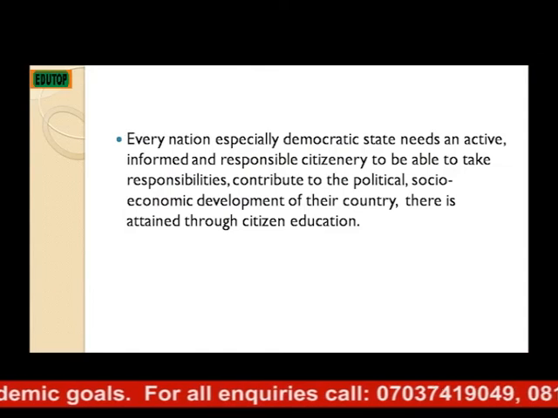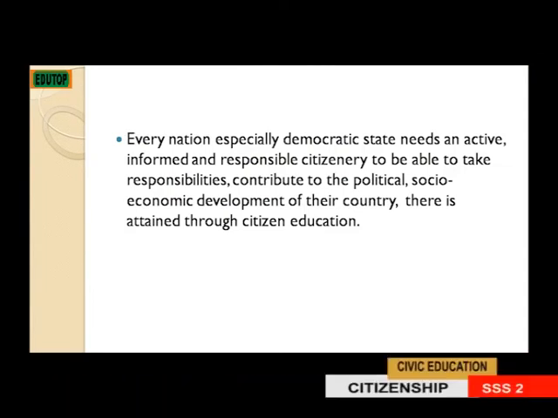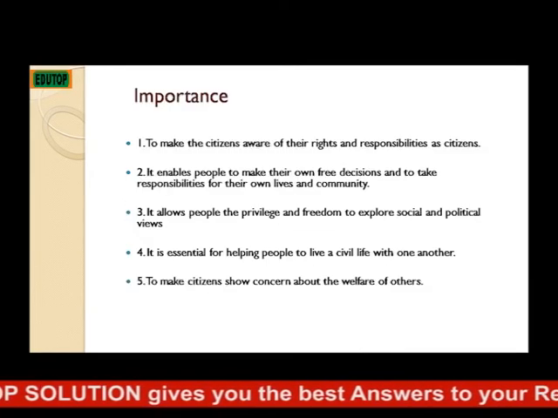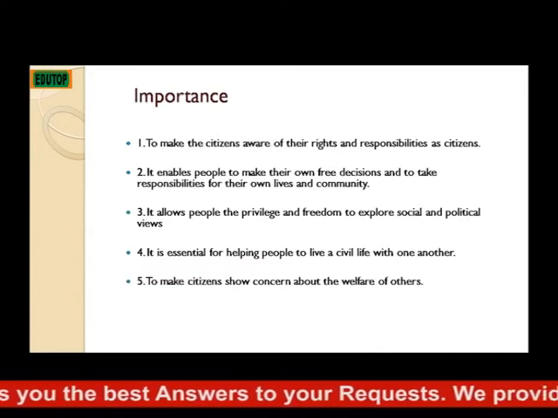Every nation, especially democratic states, needs an active, informed and responsible citizenry, to be able to take responsibilities and contribute to the political and socio-economic development of their country. This is attained through citizenship education. Importance of citizenship education. 1.